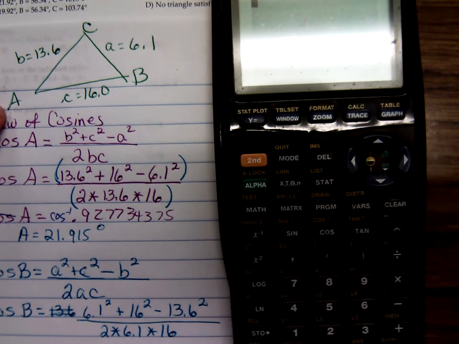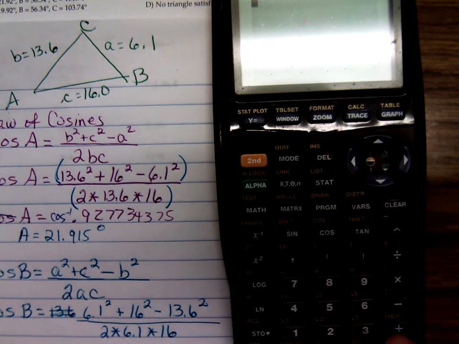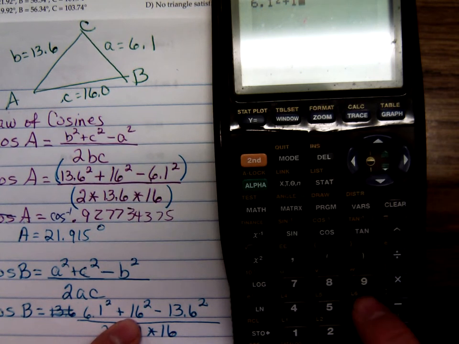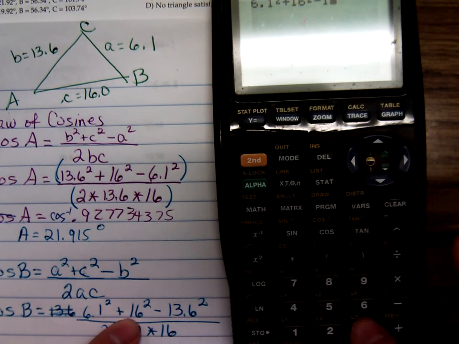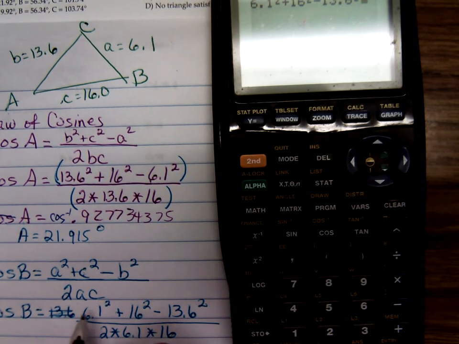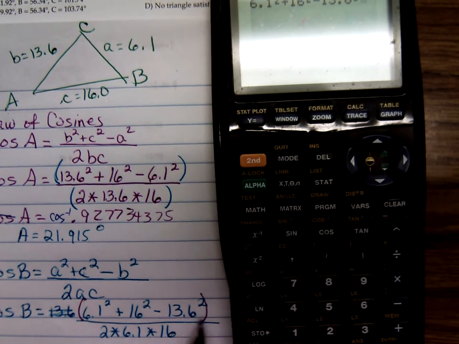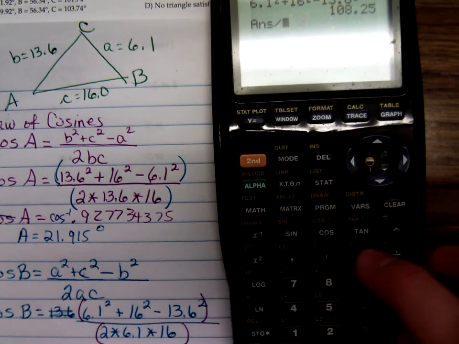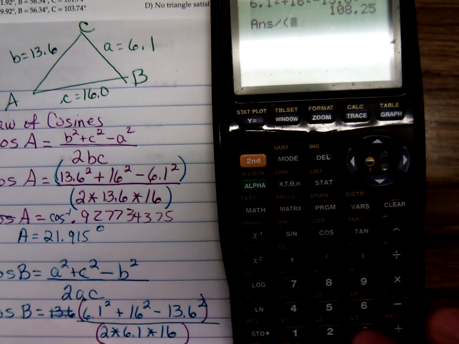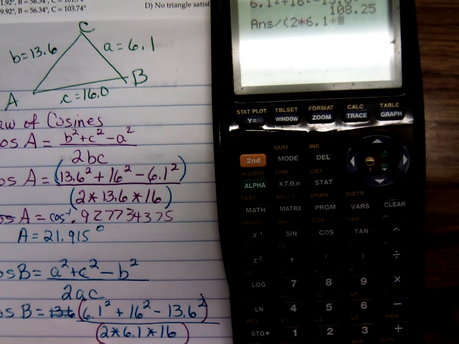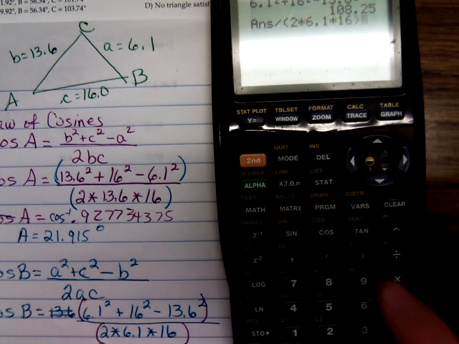Okay, so I'm punching in 6.1 squared plus 16 squared minus 13.6 squared. You know what? I didn't put the parentheses around. Okay. It's not too late because I can just say enter now, so it calculated the top. Then divided by, but I better put the parentheses around the bottom here. 2 times 6.1 times 16. So it's all of that.